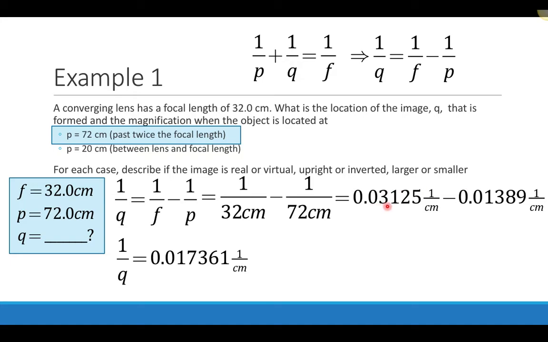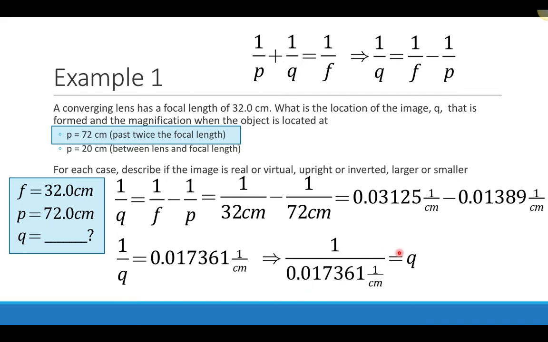If I take 0.03125 and subtract 0.01389, I get that 1 over the image distance is 0.017361. This is not my answer for the image distance. This is 1 over the image distance. To solve for the image distance, I have to cross multiply so that the image distance is in the numerator.